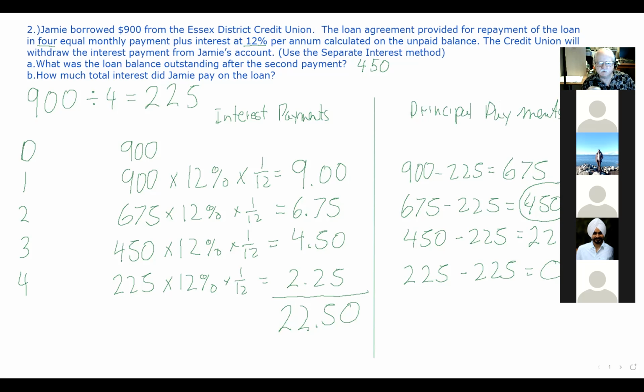And because we can separate them like that, it makes the whole process fairly easy. You just have to remember which method you're using. And the questions are usually pretty clear about which method you're using. But if they mention someone's bank account, then you're automatically going to use the separate interest method.